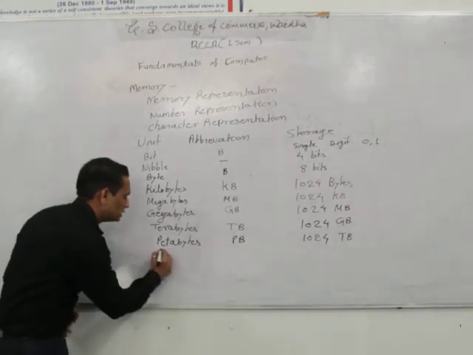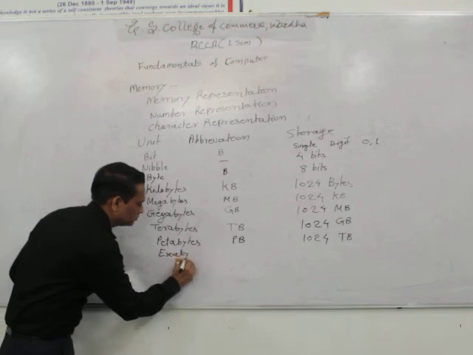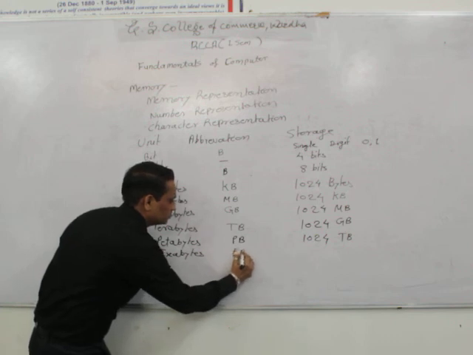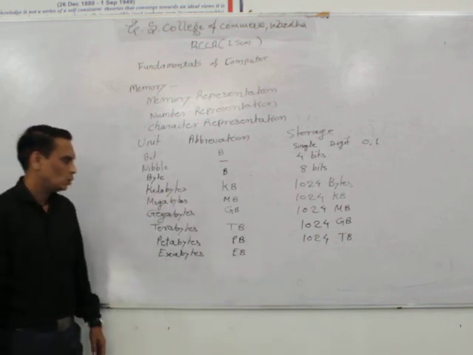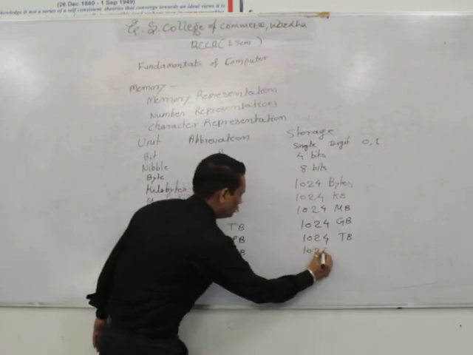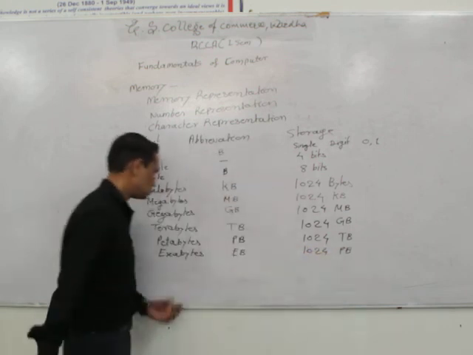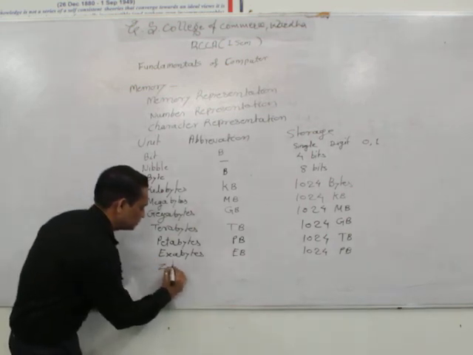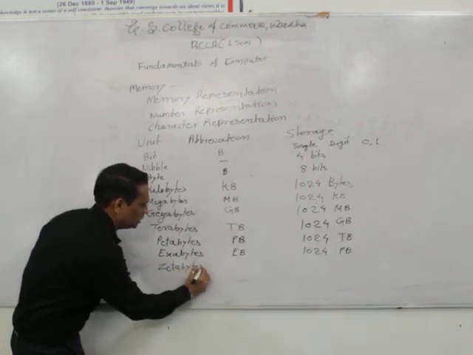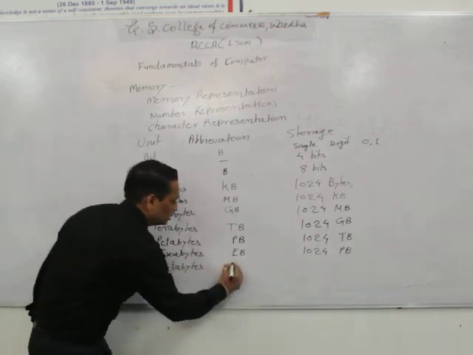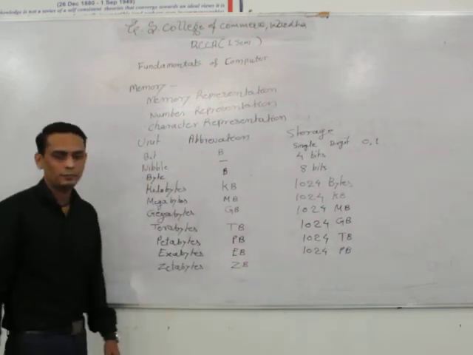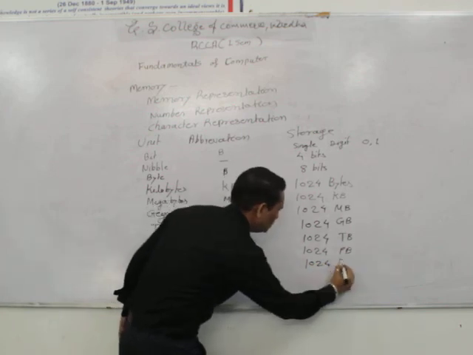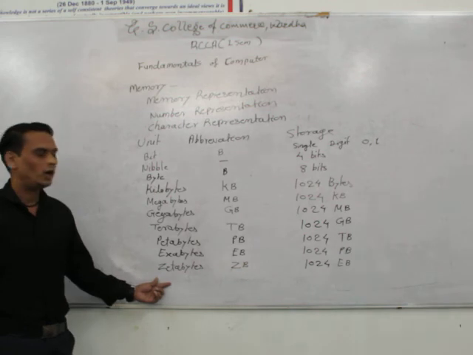Next one, exabyte, called EB. 1024 PB equals 1 EB. After that, zettabyte, abbreviated as ZB. 1024 EB equals 1 ZB.